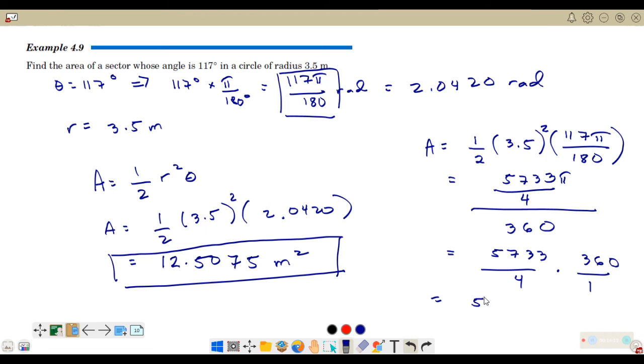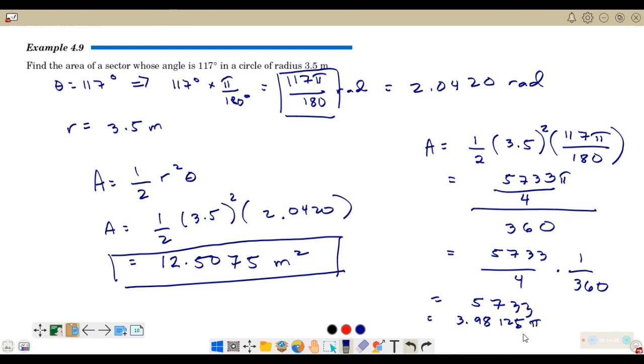5. That's large. Oh wait, I made a mistake. That's why it was so large. This is 1 over 360. So, 5,733, you will end up with 3.98125 pi.